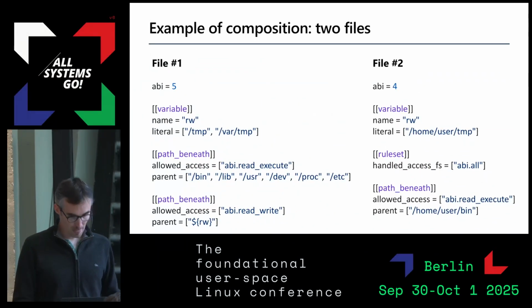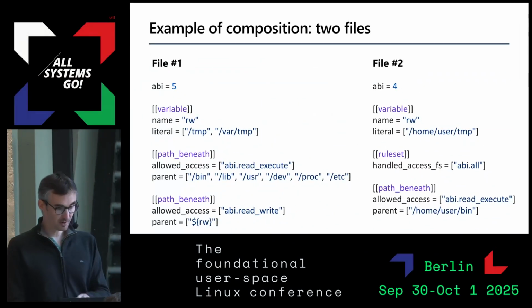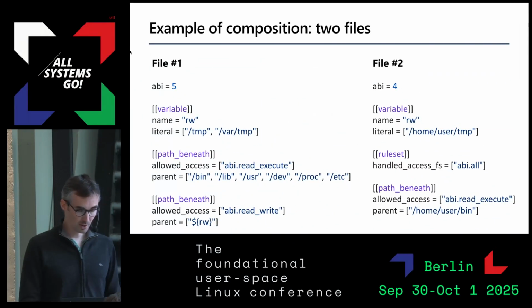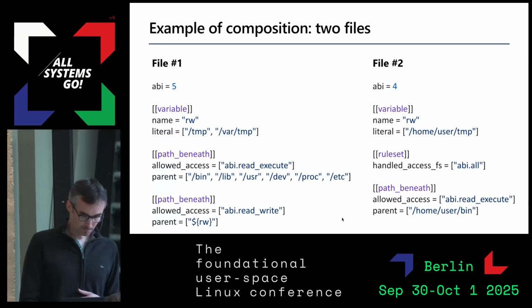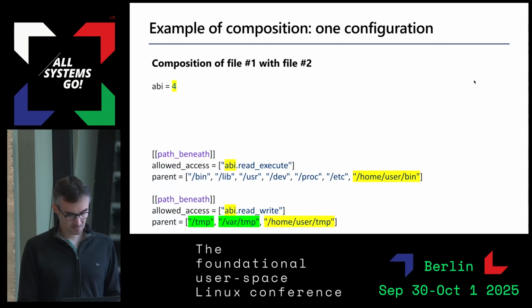I have an example. I didn't have enough time to talk about that, but you'll find some other slides online. In this case, for instance, I have two files, file 1 and file 2. File 1 has support up to ABI 5, and file 2 up to ABI 4. So there are some complementary parts, but not exactly the same. And when we compose them, in a nutshell, we get something like this.